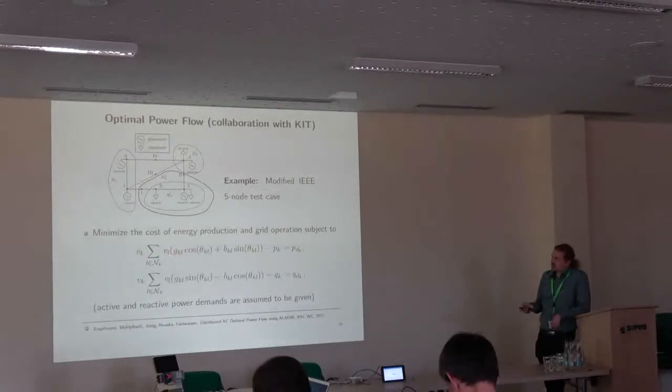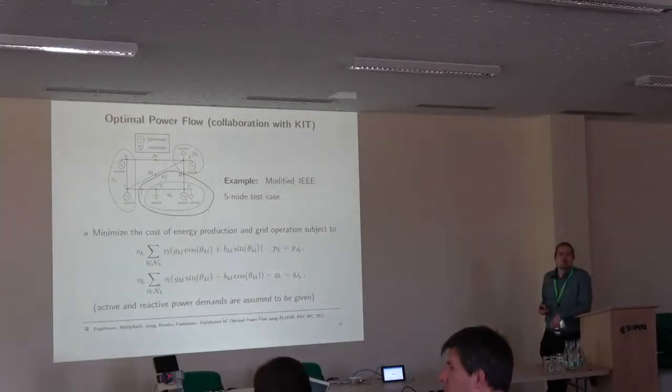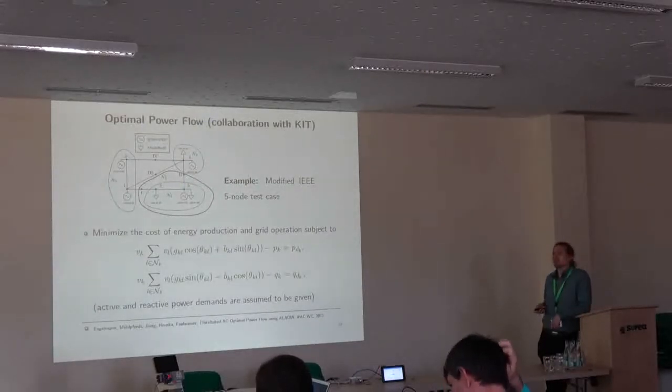There are conductances, so the G_KL and B_KL are given parameters, so there are inductances and resistances in the lines. And the active and reactive power demands in the network are given. And there are some constraints which are not shown here. The whole optimization problem didn't quite fit on the slide.